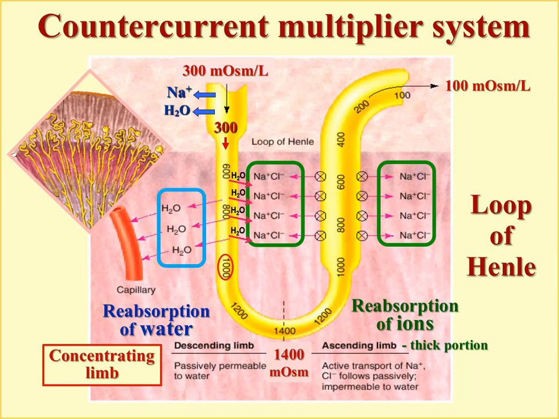So the key portion is the thick ascending portion, which, as was said, can be blocked by furosemide and other medicines of this type, loop diuretics. And this descending limb is considered the concentrating limb, while the ascending limb is the diluting limb, and as a result we can observe hypotonic fluid flows out of the loop of Henle.